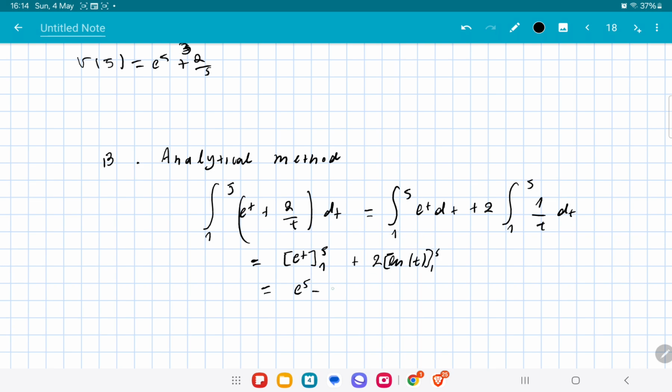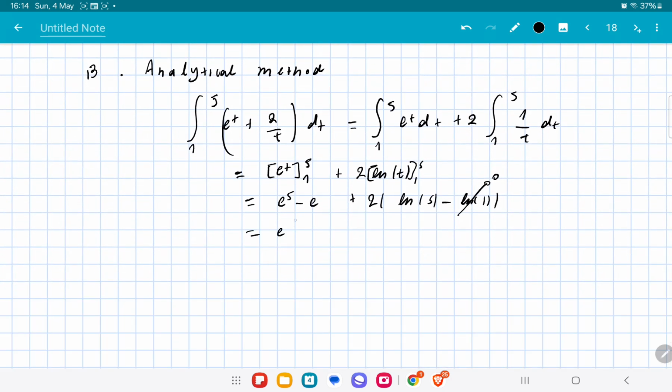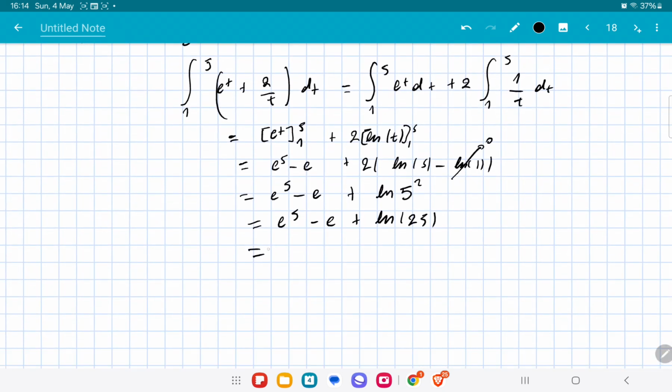So that's e to the power of 5 minus e plus 2 times ln 5 minus ln 1. This is going to be equal to 0. And I have e to the power of 5 minus e plus ln 5 squared, e to the power of 5 minus e plus ln of 25. And that's going to be roughly 146.67482.